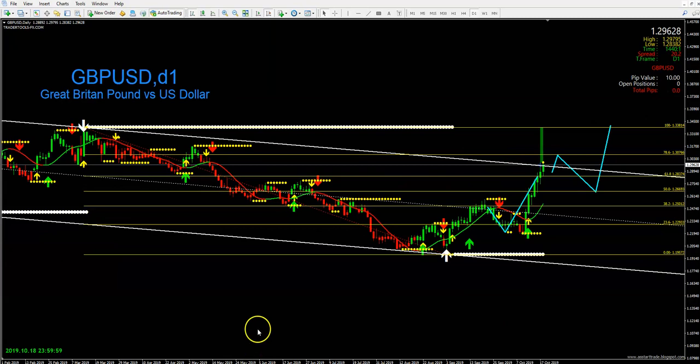So now I had the Great Britain versus the US dollar. This is done on 1 hour, I'm sorry, on 1 day. Last week I told you the market was gonna bounce between a 61 and a 78 Fibonacci line, and that is exactly what it's doing. So my analysis for this coming week is probably it's gonna create 2-3 more bars.